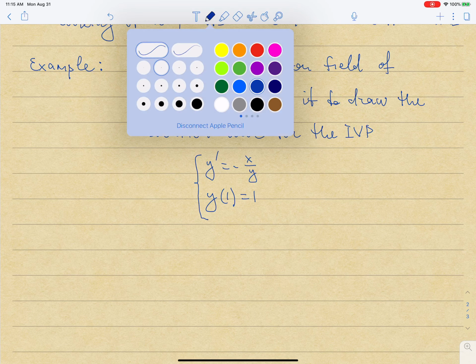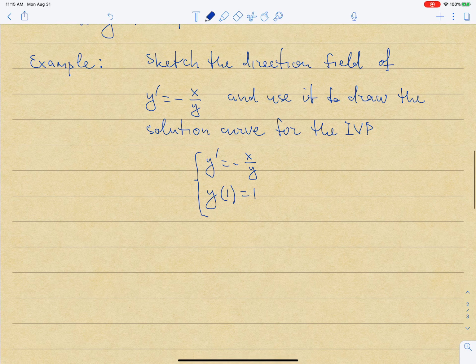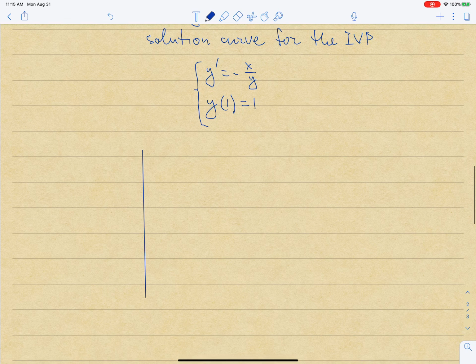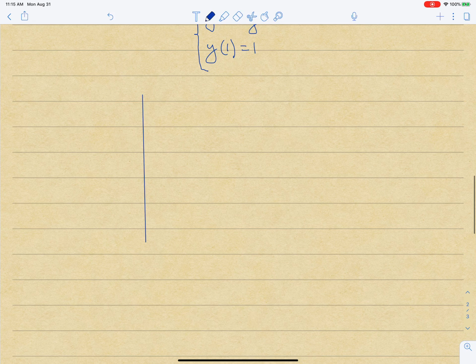Okay, so follow the same logic. We are going to draw the set of axes first. Okay, y-axis and the x-axis.